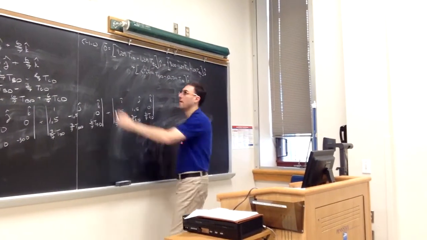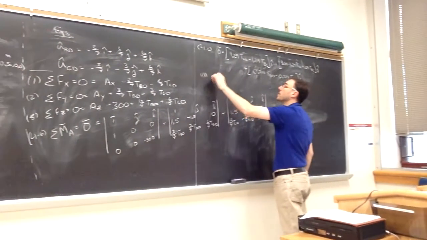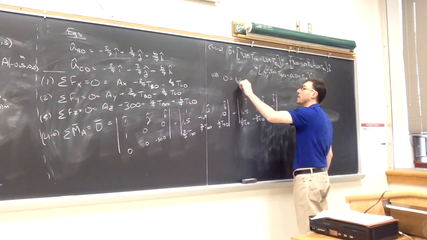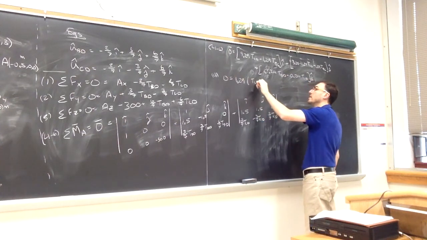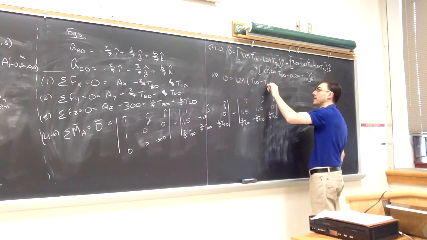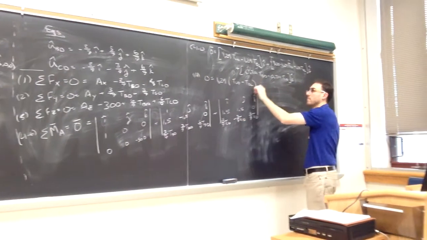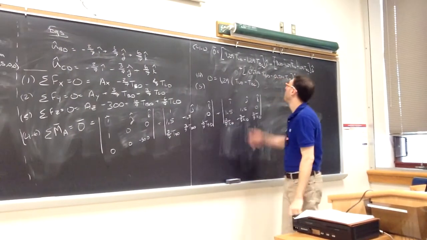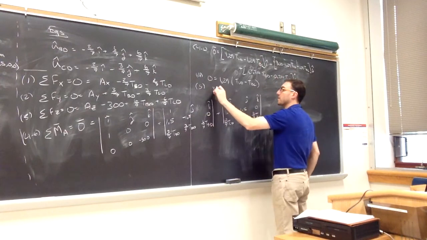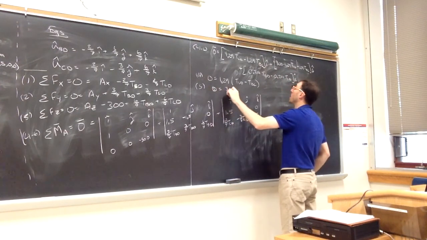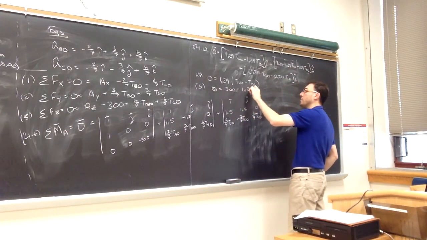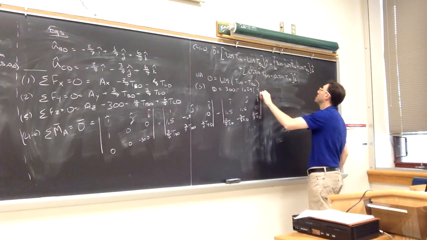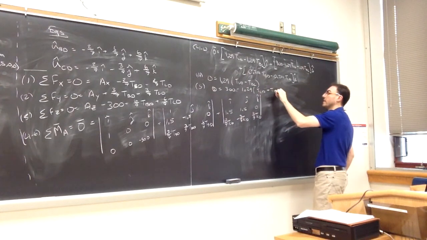If I split these out, if I make equation 4, 0 is 1.29, I'll simplify this a little bit, TCD minus TBD. If I bring out my equation 5, that's 0 is equal to 300 minus 1.29 TCD plus TBD.